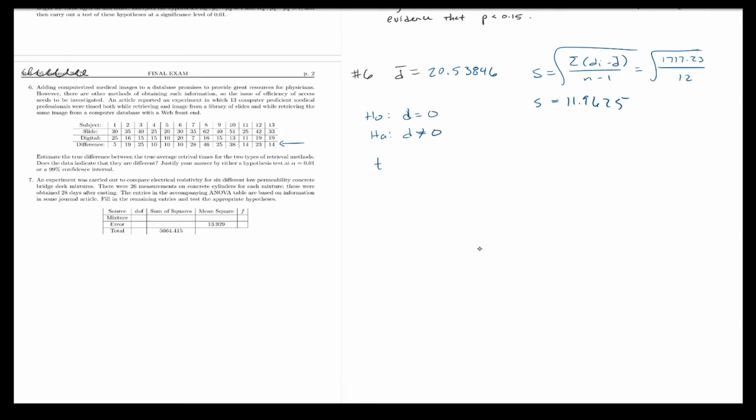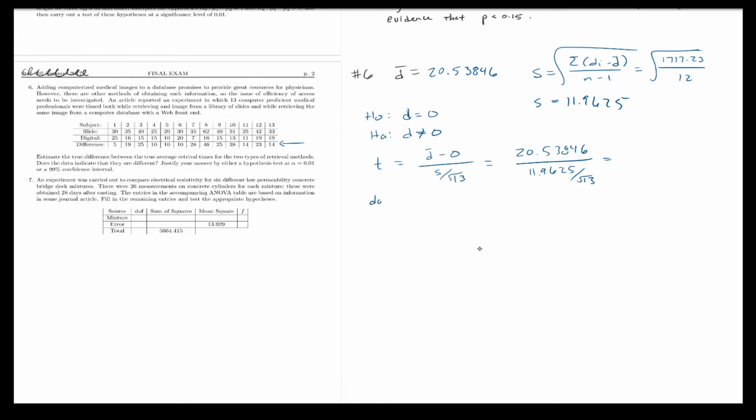Now the test statistic t from the notes is D bar minus 0 over S over square root of 13. So that's going to be 20.53846 over 11.9625 over square root of 13. I think it's going to be pretty large.